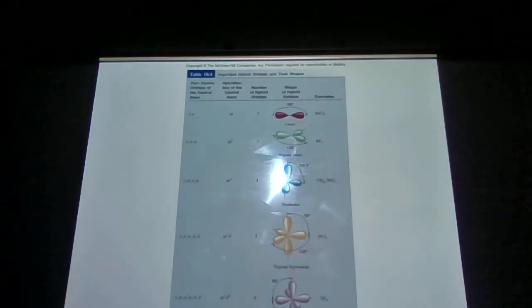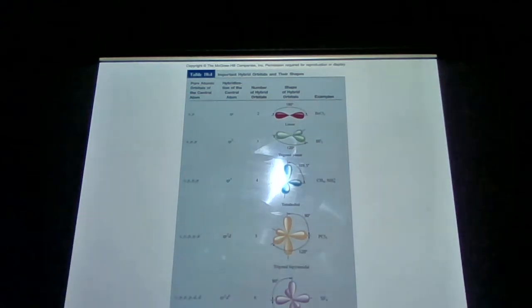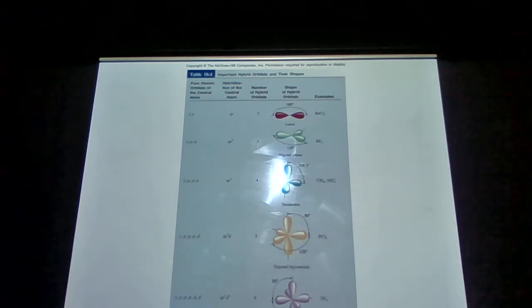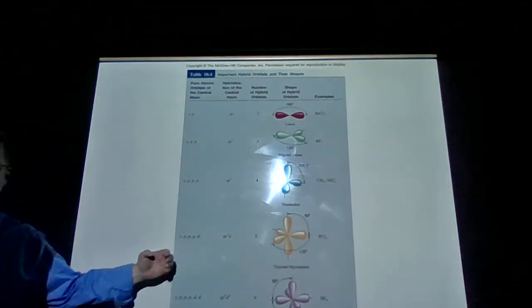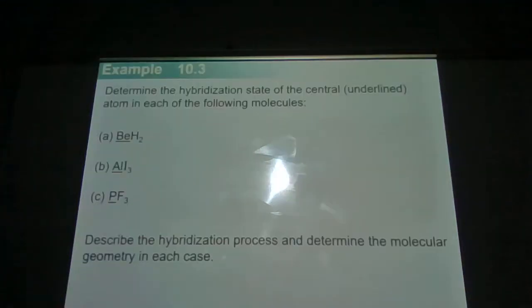So here is a chart that you will have as part of your help sheets to help you grasp what kind of hybridization you have in certain atoms in certain compounds. This is just a summary of what was shown on the previous page. Again, you will have this chart to help you on the exam.